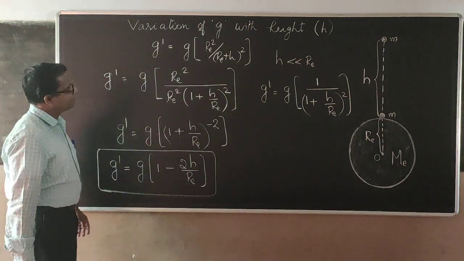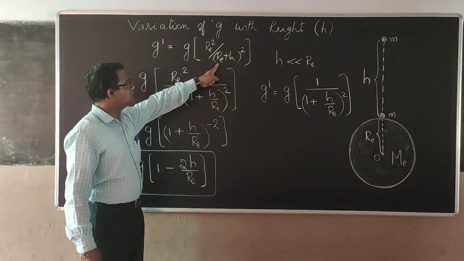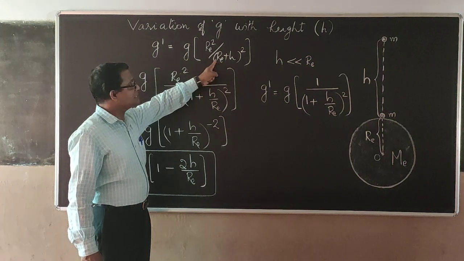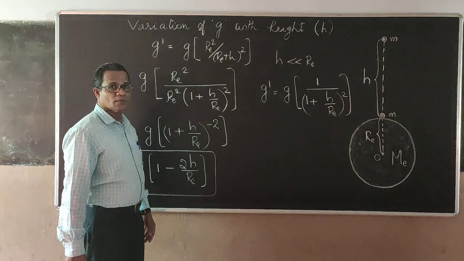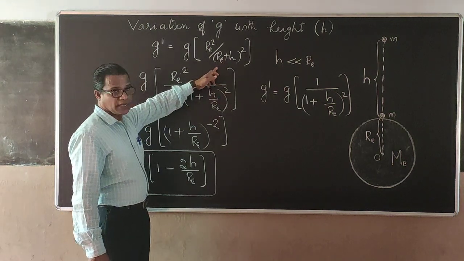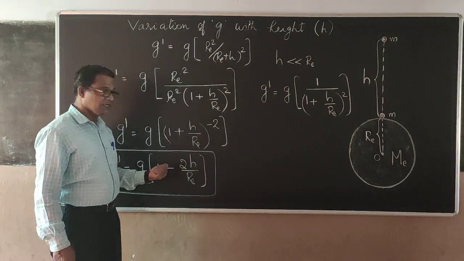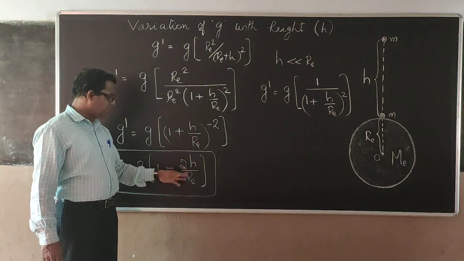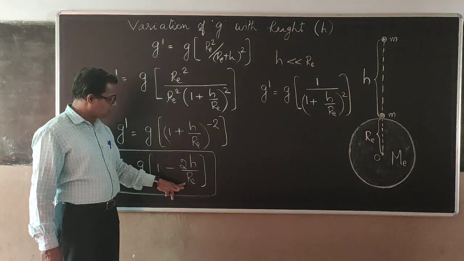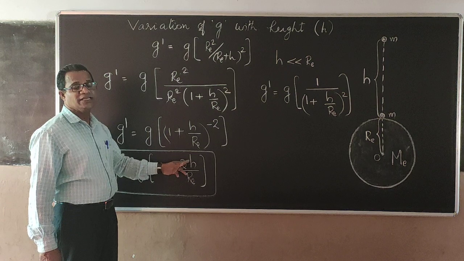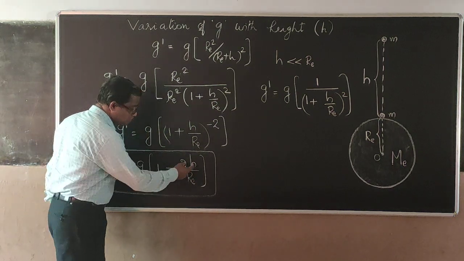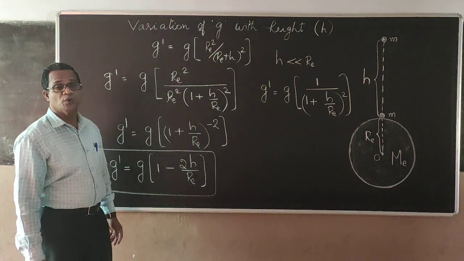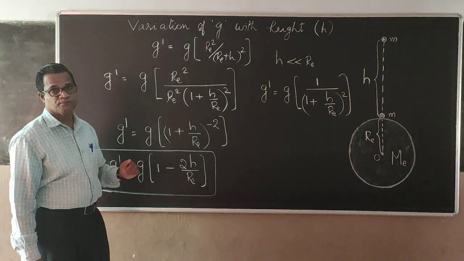Now what is the difference you find with this one? This equation is not applicable because RE plus H is coming together, so you can compare H with RE. But in this case, H and RE are not comparable because it is coming in the form of a fraction, H by RE. So however small this H be, you cannot treat it as zero.